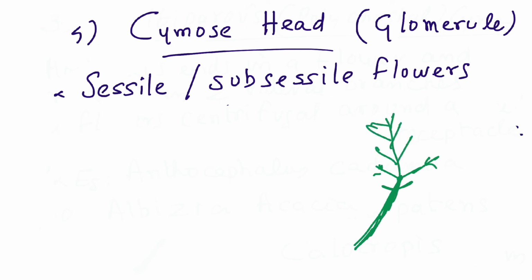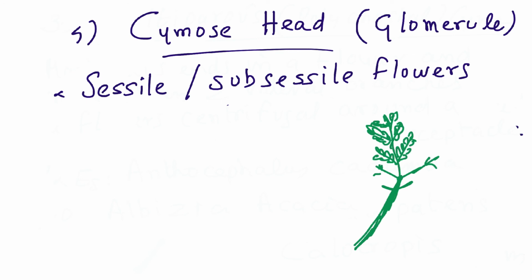And let's have a look at the diagram of this particular case to get a fine idea about the Cymose head. So you can see that it's a small compact development, and there are a lot of leaflets around the inflorescence.